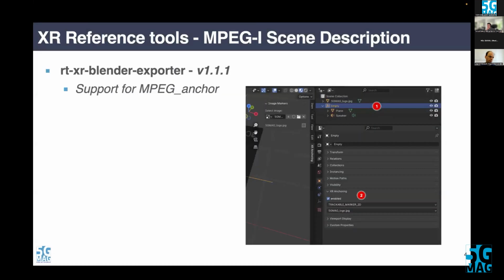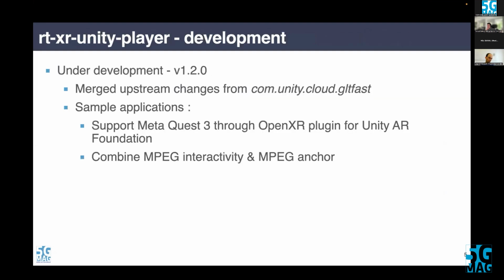So let me get back to the slides. I'm currently working on an update to the player, which will be tagged as version 1.2. This update merges upstream changes from com.unity.cloud.gltfast. GLTFast is the glTF parser on which we are based to implement the MPEG-I scene description parsing in Unity.